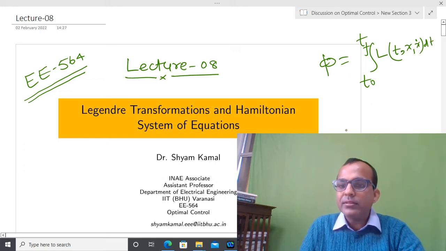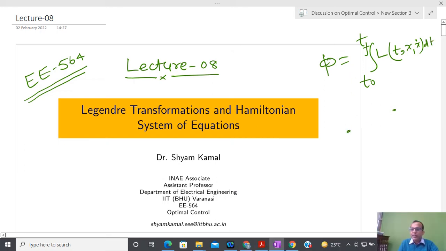And we have some boundary conditions. First we assume that t0, x(t0), and tf, x(tf) are both known, and we try to find x star that will extremize this particular functional.